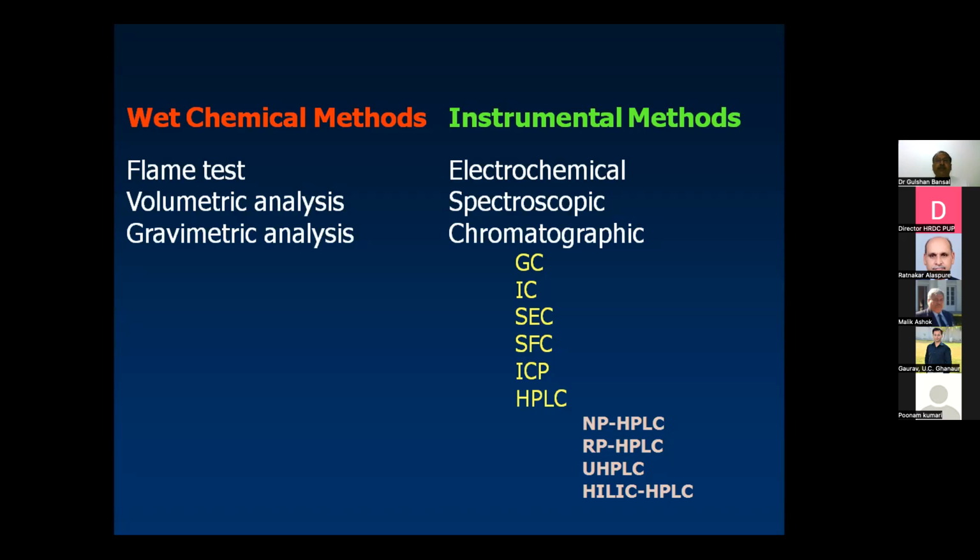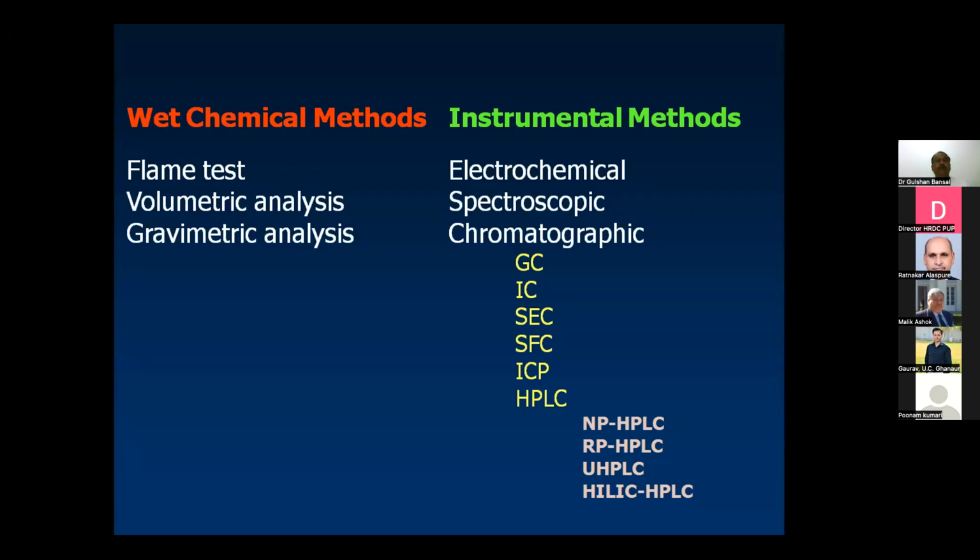Then spectroscopic methods are basically of two categories: absorption and emission. And further, depending upon whether we are dealing with atoms or molecules, it is atomic absorption or atomic emission, and molecular absorption or molecular emission. Atomic absorption and atomic emission spectroscopy is again a very sensitive one.